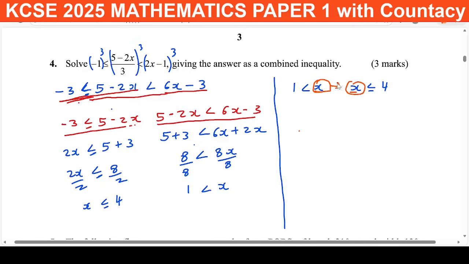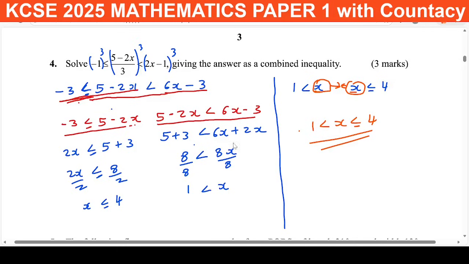So if you can put this one together such that you have a combined inequality as it has been outlined, therefore you'd have something like 1 is less than this x. At the same time, this x which is here, it is less or equal to 4, like that. And actually, that's how you are supposed to solve that question, and that is the required solution.